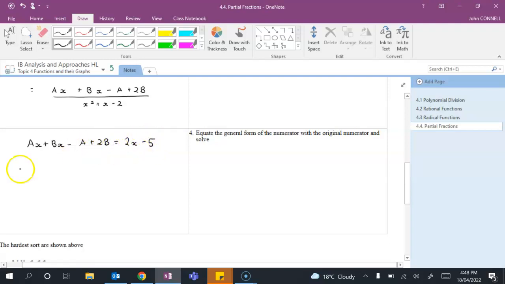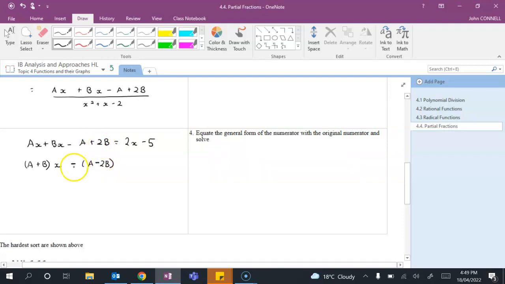If I take x out as a common factor, I'm going to be left with a plus b, so it's going to be a plus b times x, and it's going to be take a take 2b. Notice the negative's out the front, so I've had to take a negative out of this term here, and the sign has become opposite.